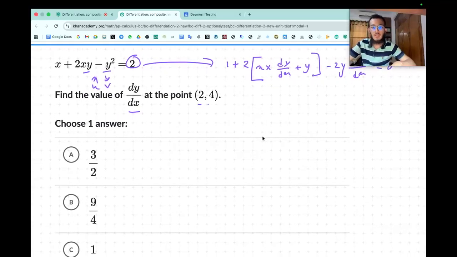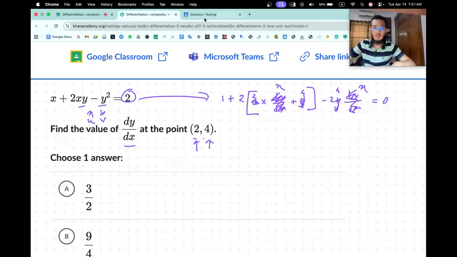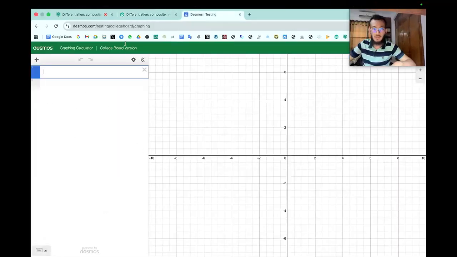Now we are told to find dy/dx at the point (2, 4). So we plug 2 for x and 4 for y. And now we find the unknown here, which is dy/dx. We would rewrite dy/dx as x, just as an unknown variable which we will solve.